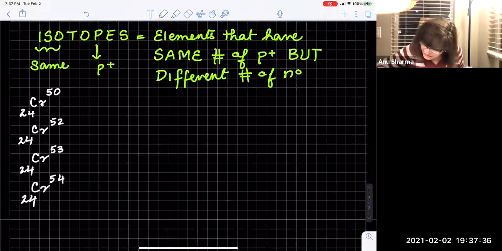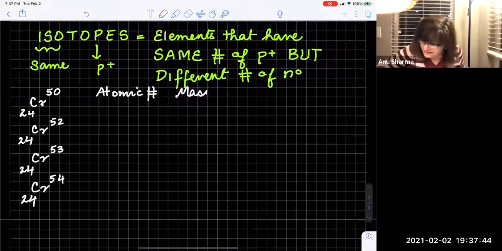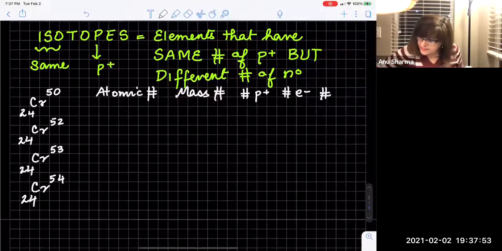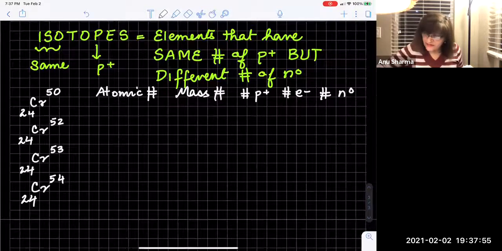Now let's write this down. Atomic numbers, mass numbers, and then the number of protons, number of electrons, and the number of neutrons. Okay, so let's start doing this.